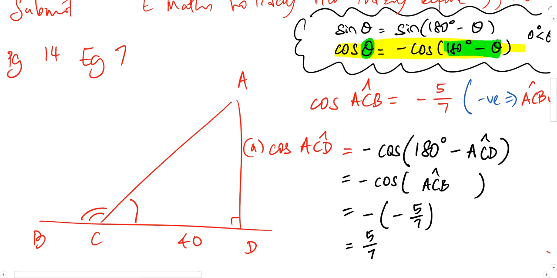An angle theta versus another angle which is 180 minus theta. Ying Zheng, what is the relationship between these two angles? X versus 180 minus x. I let you fill in the blanks.